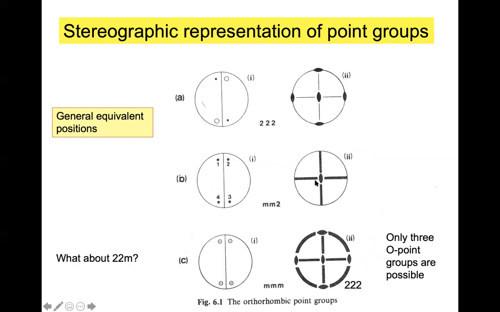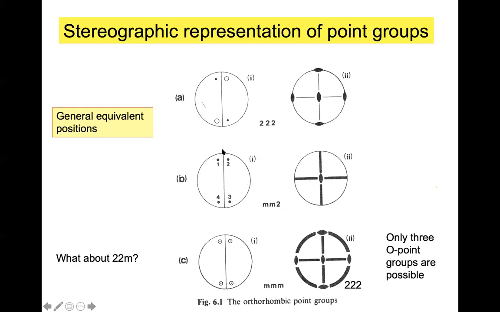Now we do the first operation, two-fold rotation. You take 1 and do a two-fold rotation. Where will it come? It will come to 3. Now I make this mirror plane. This will go here and this will come here. Now one more mirror plane is left out.